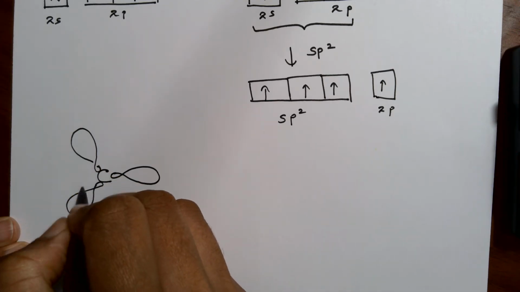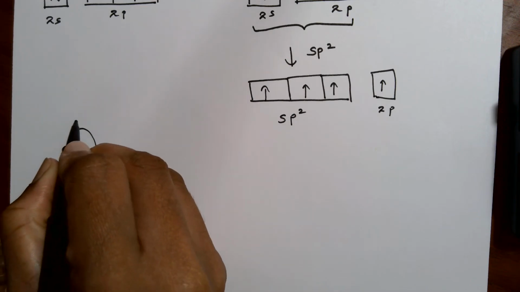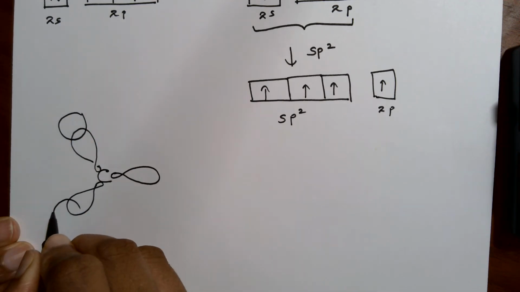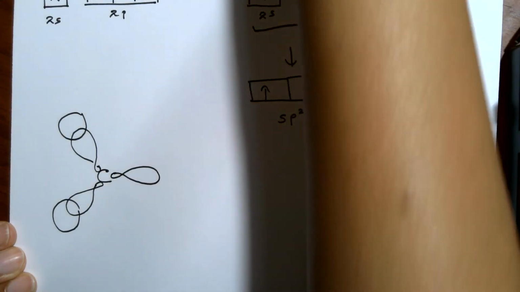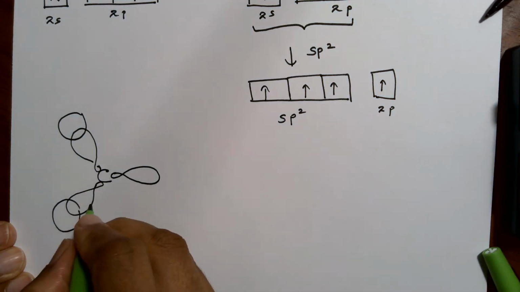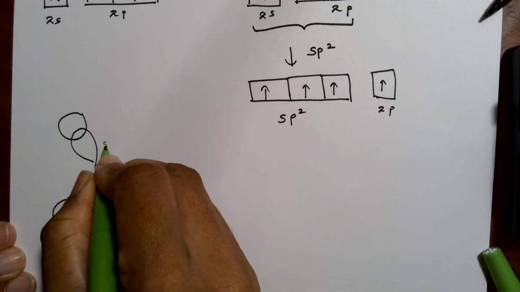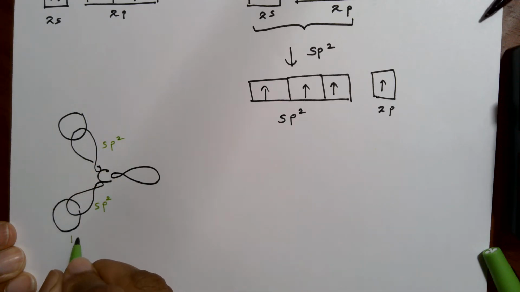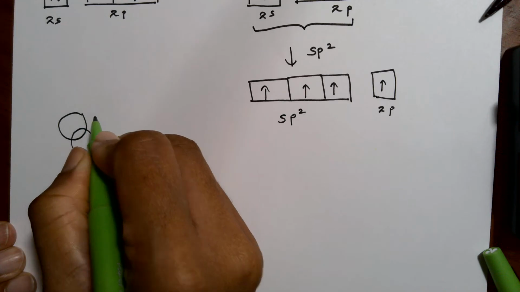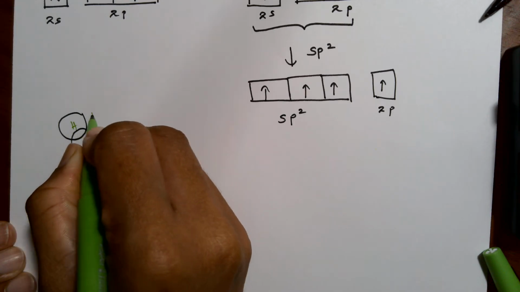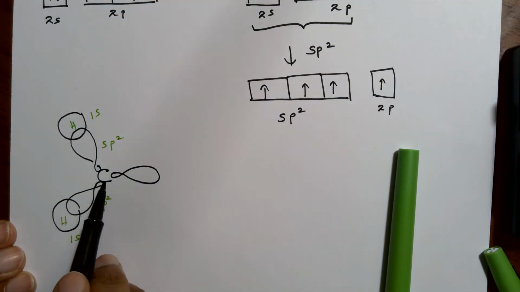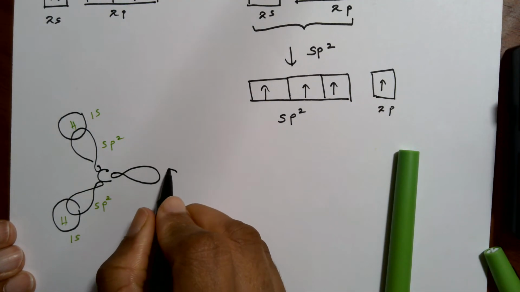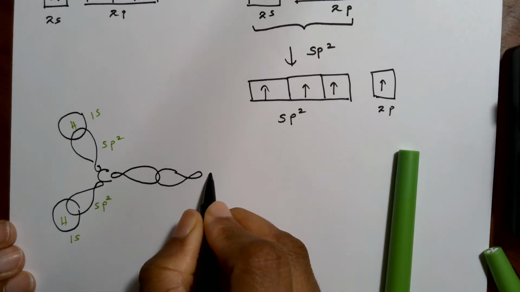Two sp2 hybridized orbitals overlap with hydrogen's 1s orbitals to make C-H bonds. These are hydrogen's 1s. And the remaining hybridized orbital on this carbon overlaps with another hybridized orbital on the next carbon.